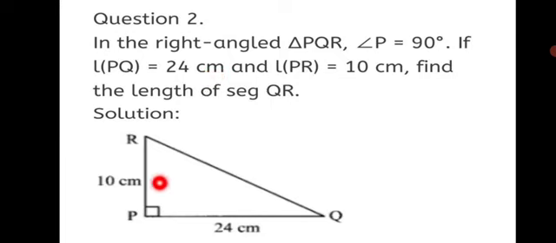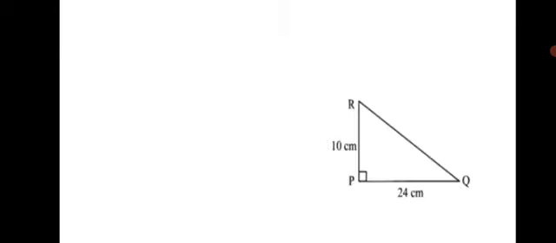So we can write PQ as 24 centimeter and length PR is equal to 10 centimeter. So we write PR is equal to 10 centimeter in this figure. Now we can see that the hypotenuse, which is opposite to angle P, is RQ, or say QR. That means we have to find the hypotenuse here. So let's use the Pythagoras theorem.